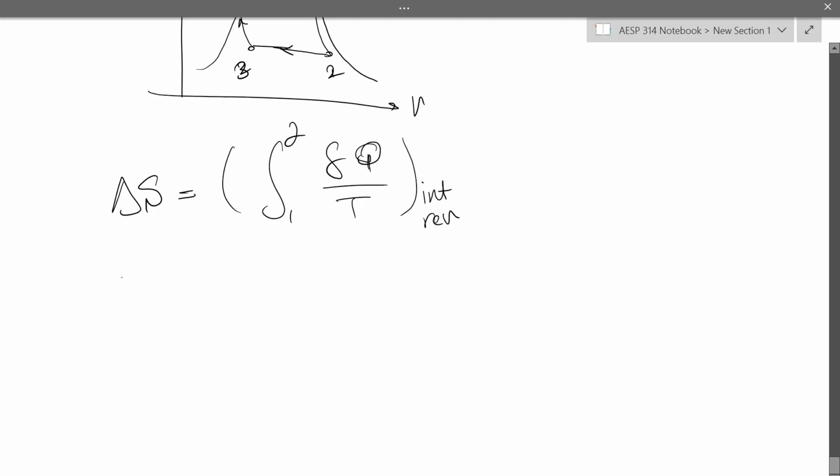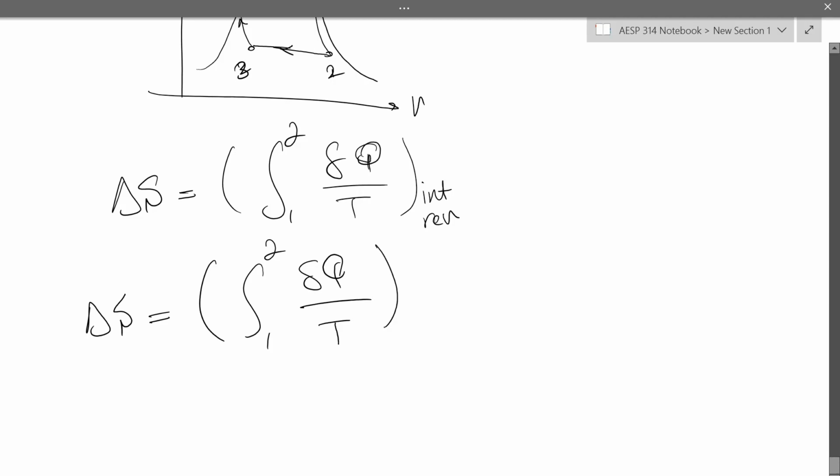So, if we are not dealing with an internally reversible process, we only need to add a correction factor here, sigma, that relates to the irreversibility of the system, right?